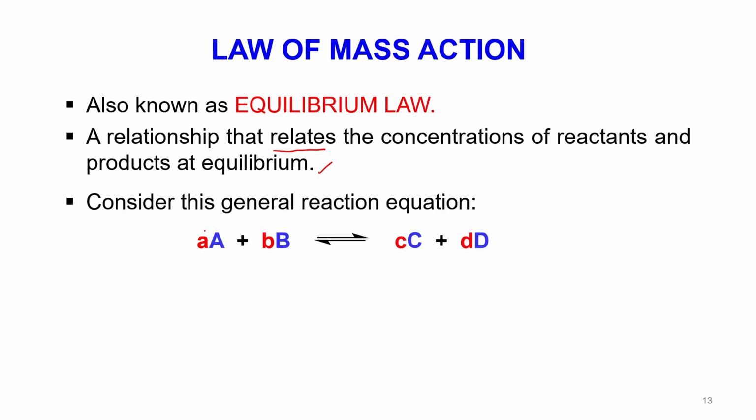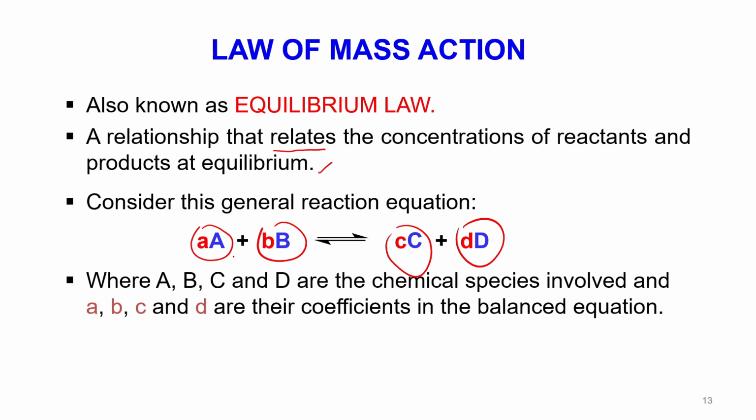So let's say we have equation aA plus bB produce cC plus dD. So where the capital A, B, C, D are the chemical species involved, and the small a, b, c and d are their coefficient in the balance equation. Perkali dia. Okay, this is the number.